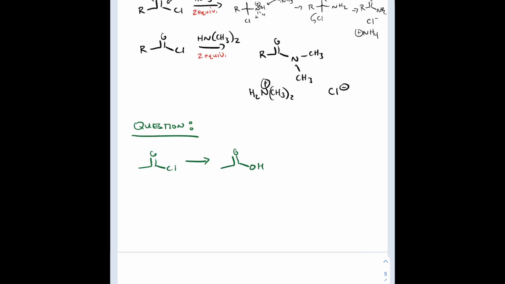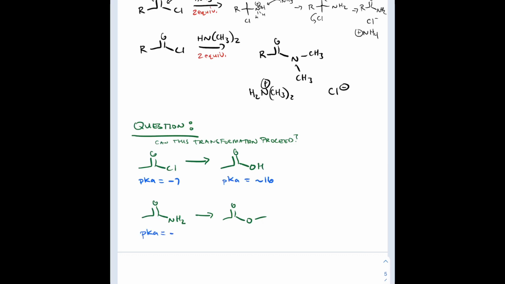So let's practice. Can this transformation actually proceed forward, would be the question. So pause it, think about it. This is going to be related to acid-base chemistry. Let's take a look at the pKa's of the leaving group's conjugate acid. Chloride -7, hydroxide 16, amide +38, and the alkoxide 16.